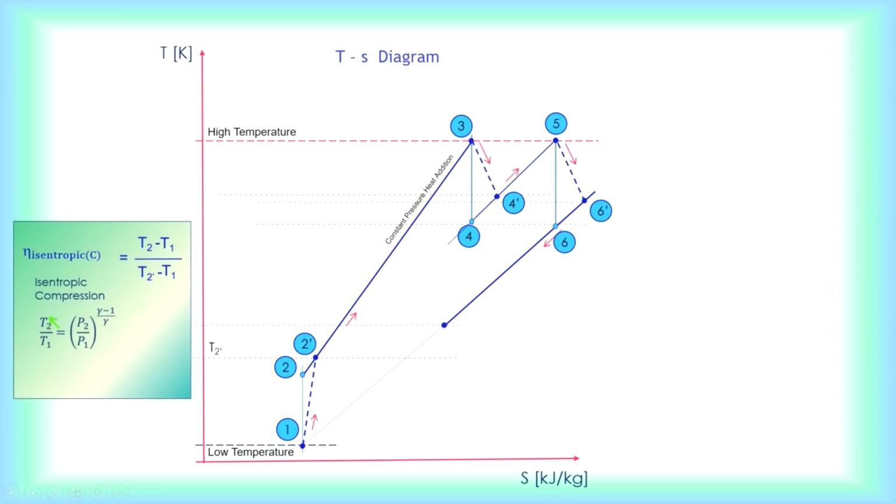For this you only consider T2 to T1, the vertical line here. The same for this, between 3 and 4, and this one is between 5 and 6.